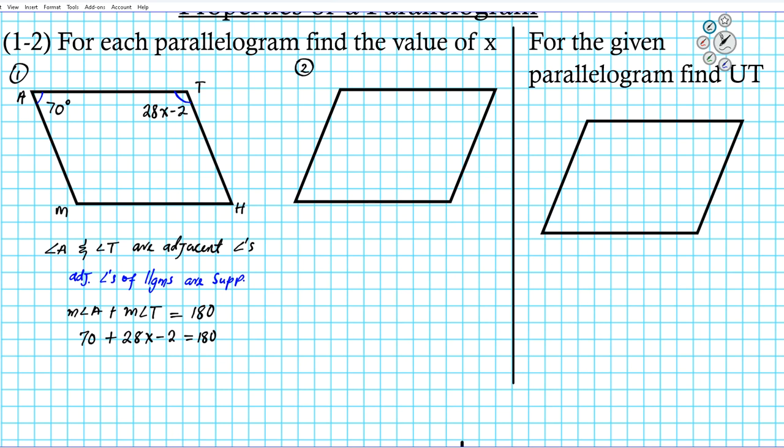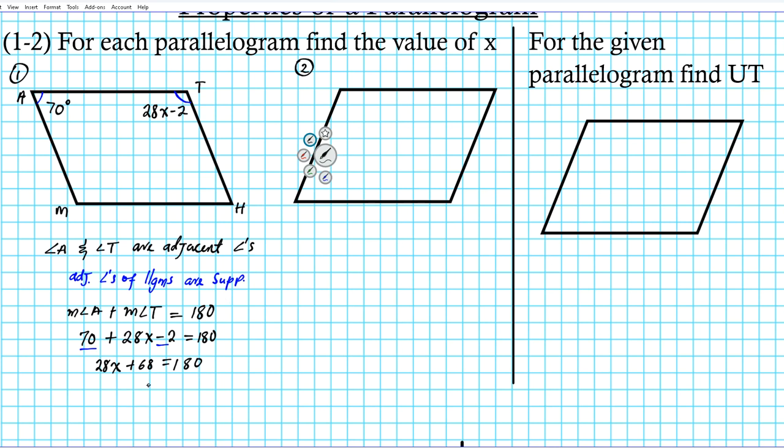So we can bring down 28x. The linear term has nothing to be combined with. And then we have two constants, 70 and a negative 2. So 70 minus 2 is 68. So we have 28x plus 68 equals 180.